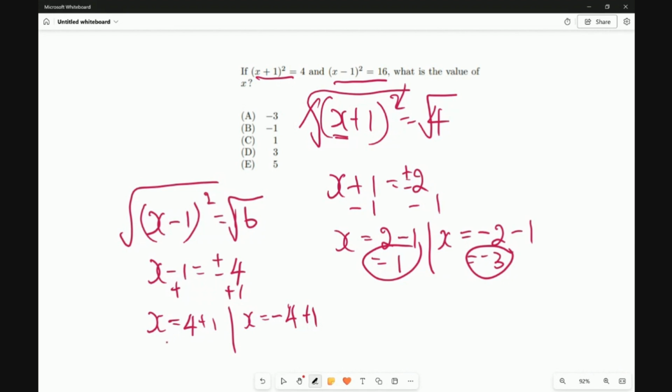Here x is 5, and here it is negative 3. What do you notice? These are the same, so this is the solution that satisfies both equations. My answer is negative 3.